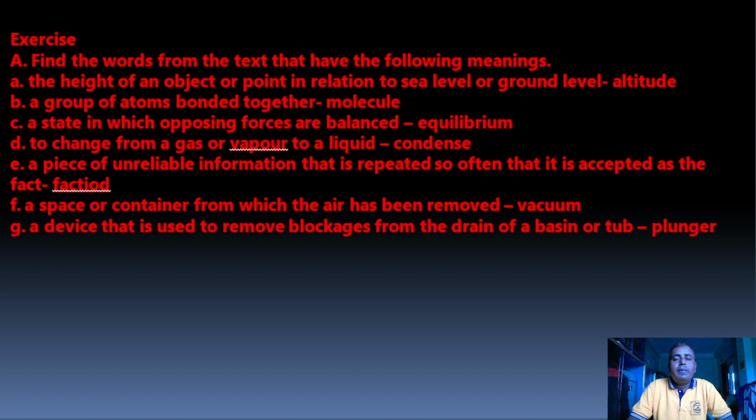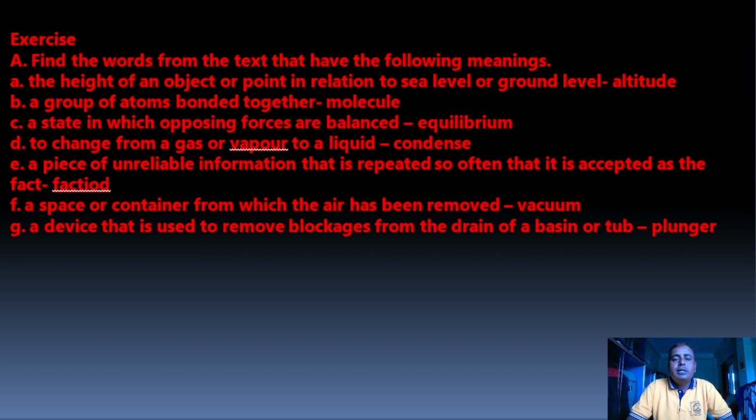A piece of unreliable information that is repeated so often that it is accepted as fact, that is factoid. A space or container from which the air has been removed, that is called vacuum.